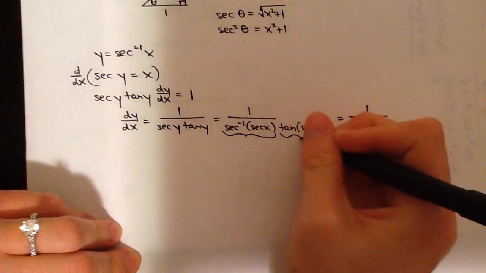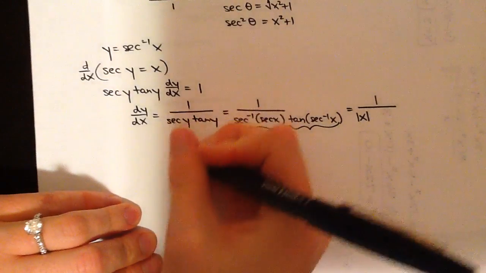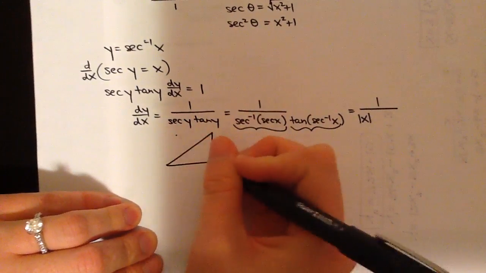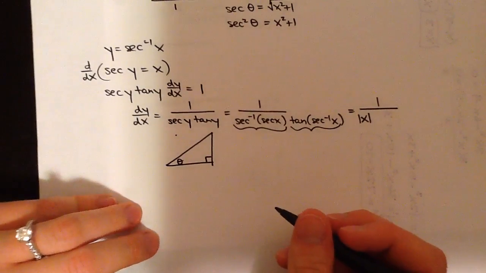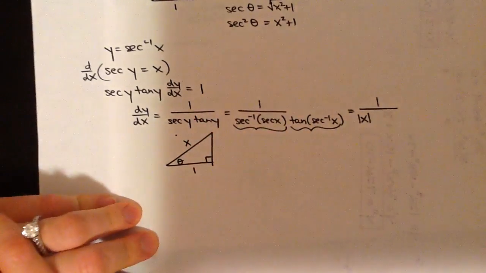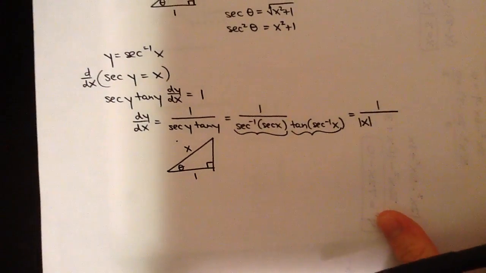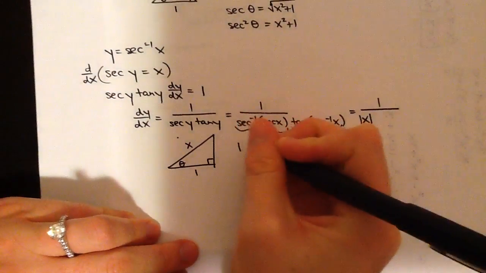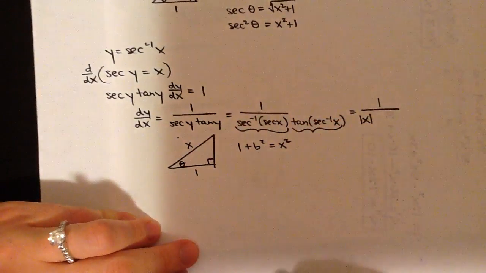And then this piece right here, I'm going to do one last triangle problem. So I'm going to set up the angle that has a secant of x. So secant is hypotenuse over adjacent. It's the reciprocal of cosine. So I am going to find this last little missing piece here. So I've got 1 squared plus b squared equals x squared.